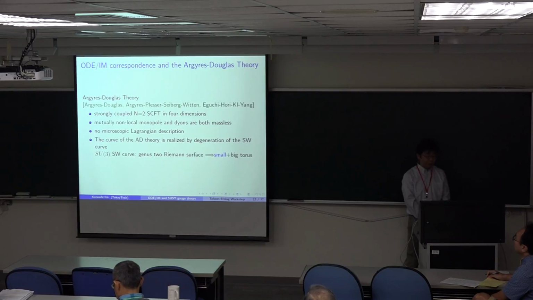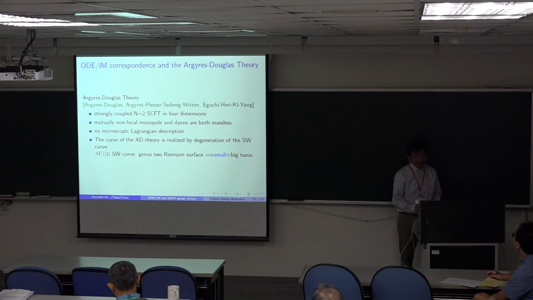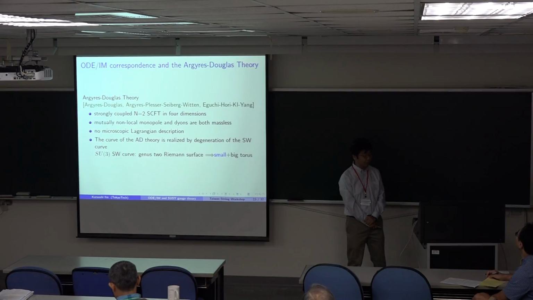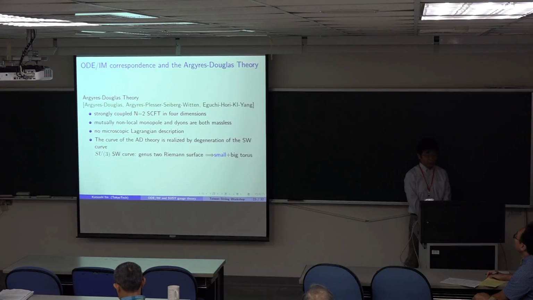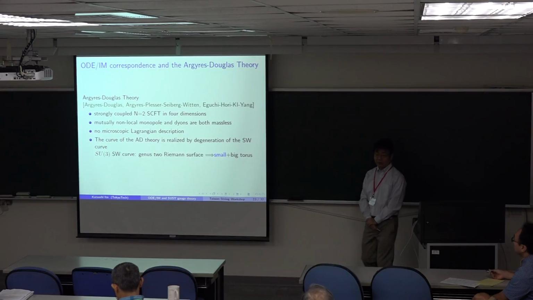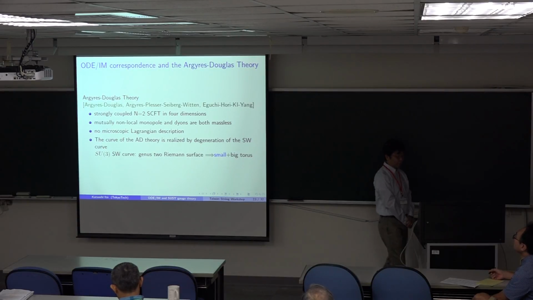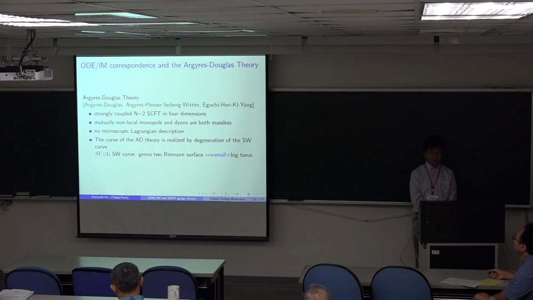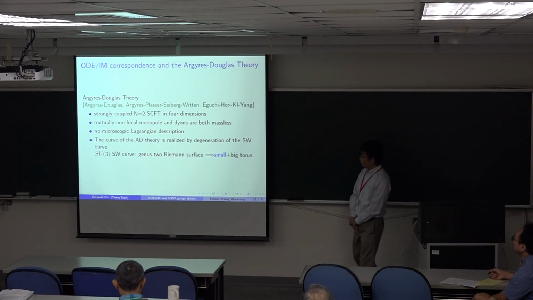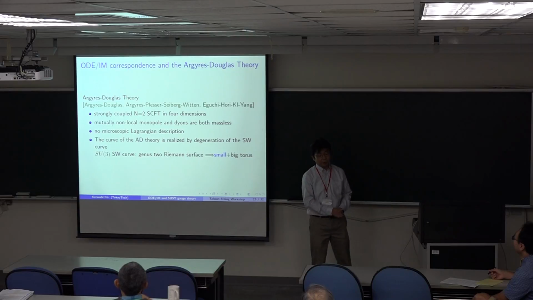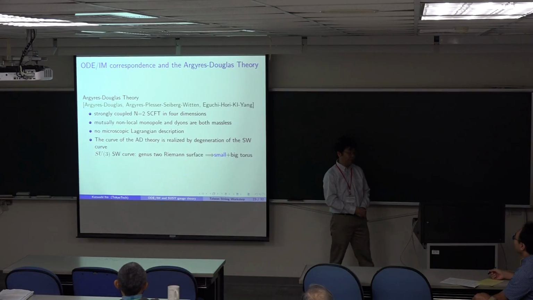So it is defined as a low energy effective theory of the N=2 theory. The Seiberg-Witten curve of the Argyres-Douglas theory is somehow realized by a degeneration of the original Seiberg-Witten curve in some cases. For example, for SU(3) pure Yang-Mills, the Seiberg-Witten curve is a genus 2 hyperelliptic curve.